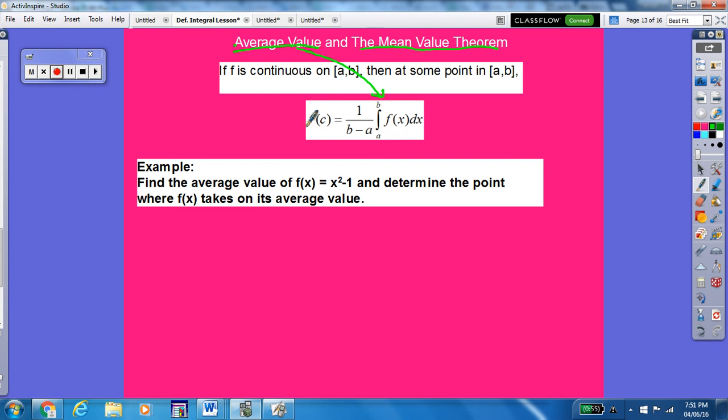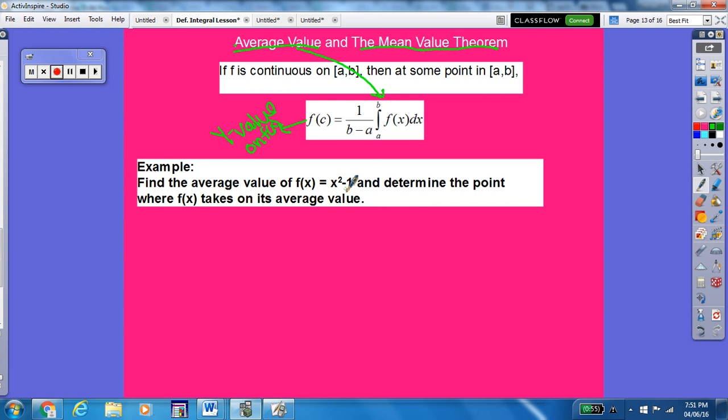So this f of c represents a y value on a function f of x. So again, this is saying that if you find the average value, at some point the function will take on that value.